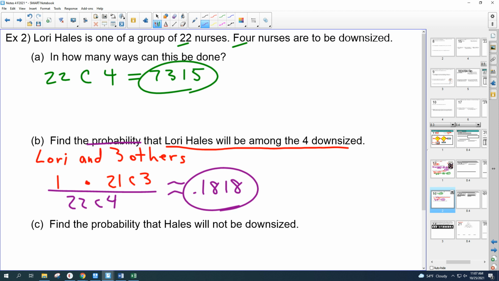All right, so in this problem, part C, there are 2 different ways of doing it, and I think the back door way is probably easier. We just found the probability that Lori Hales is going to be downsized. So how would we find the probability that she's not downsized?